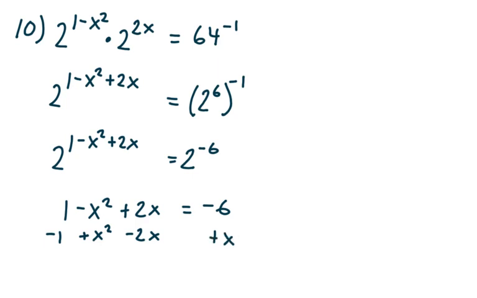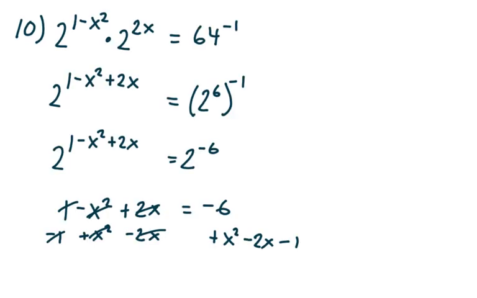So if I add x squared, subtract 2x, and subtract 1. I hope that's okay to put it in that order. Now, on the left-hand side, we get 0. On the right-hand side, we get x squared minus 2x minus 7.